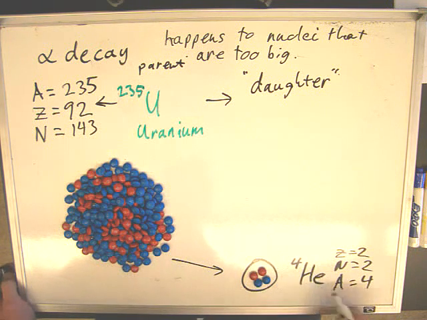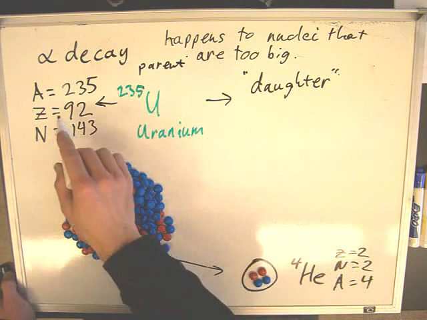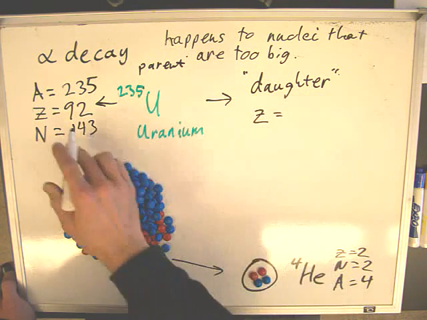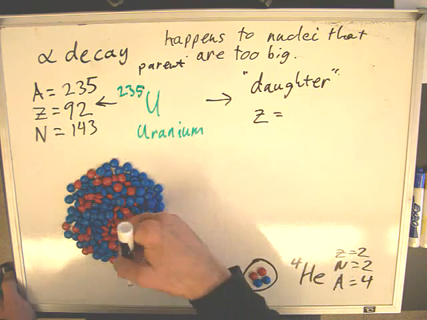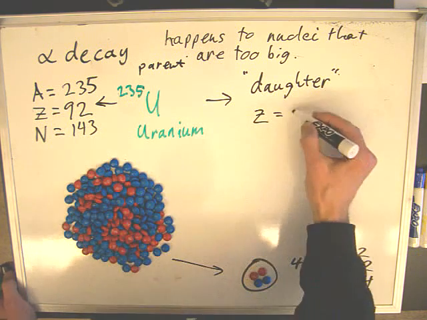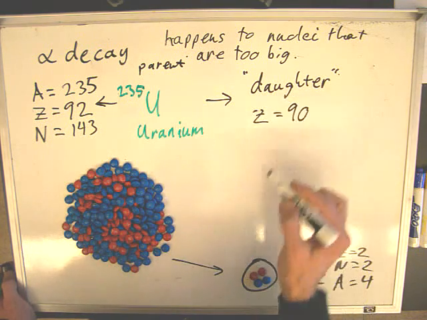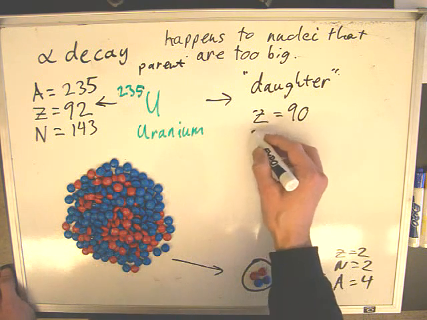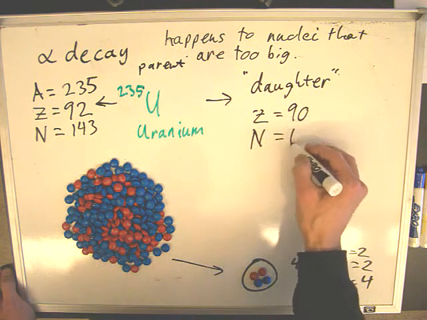So the helium-4 nucleus took away 2 neutrons and 2 protons. So all I have to do to find out what the daughter nucleus is is take 2 away from Z, right? So I must have 90 protons left here. I know that I also must have 143 neutrons left here.